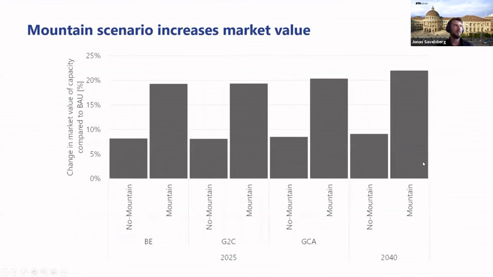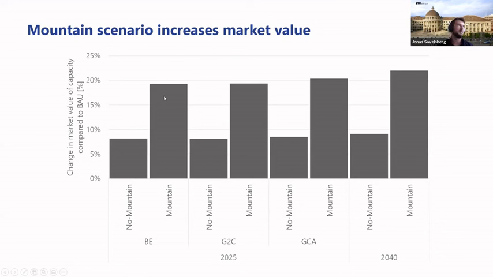Now, thinking really about the increases in market value that we can achieve, and this is now always in comparison to the base business as usual scenario for 3 different CO2 prices in 2025 for the 2025 electricity system and for the 2040 electricity system, assuming a very high CO2 price, we can see that the market value of capacity, so basically the market value divided by the capacity that we install, increases quite dramatically.